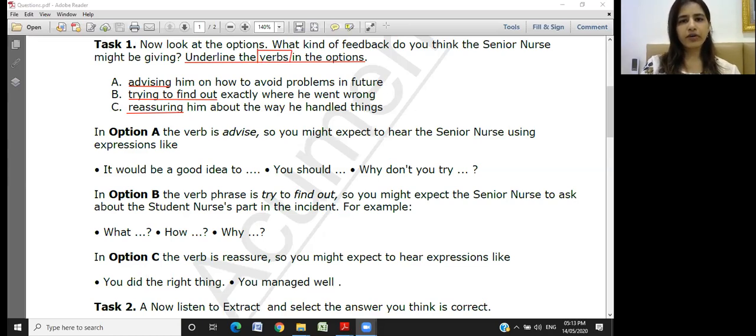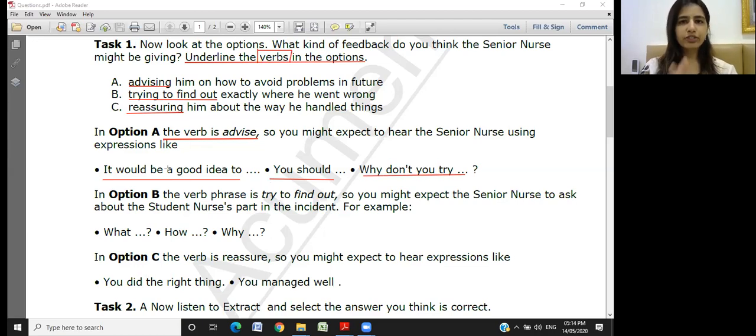Now, for example, let us think if A is the correct answer. If the nurse is advising, then what kind of phrases can I expect? They might be giving advice like you should do something, you must do something, why don't you try something, it would be a good idea to, it is very important to, you should not forget doing this, it's mandatory to, it's essential to.